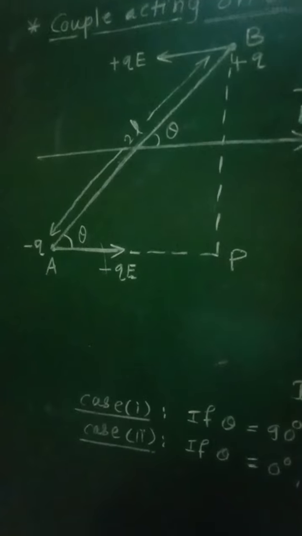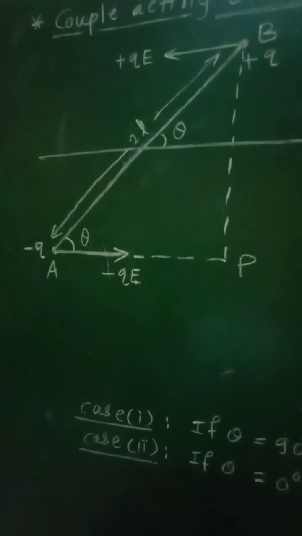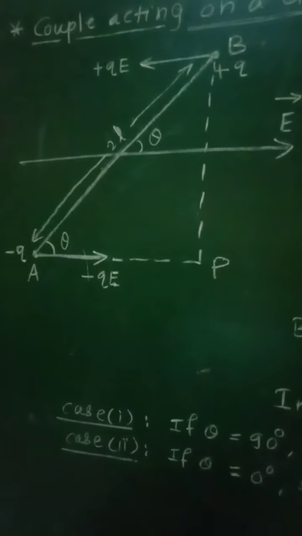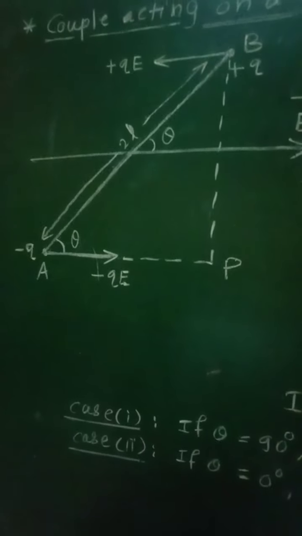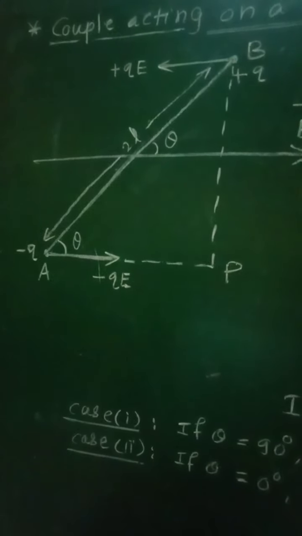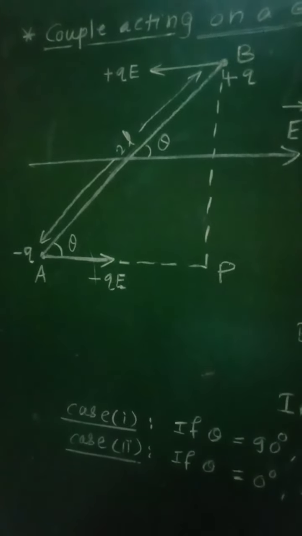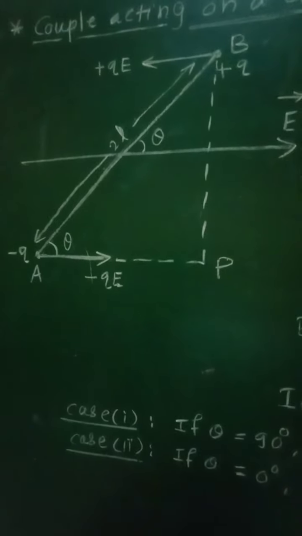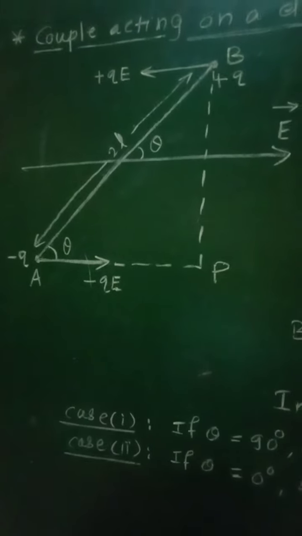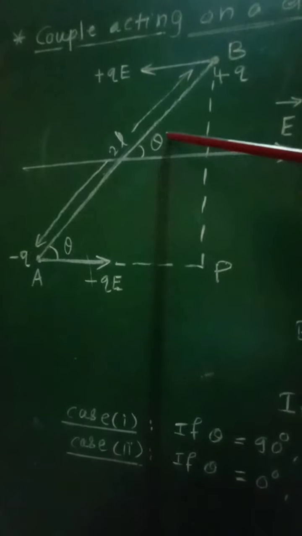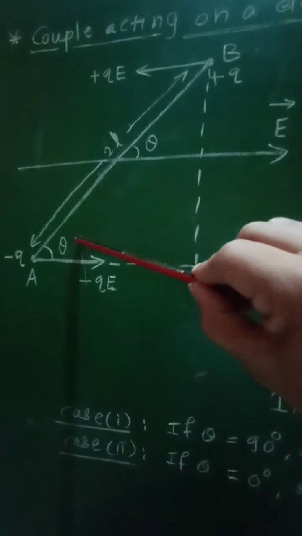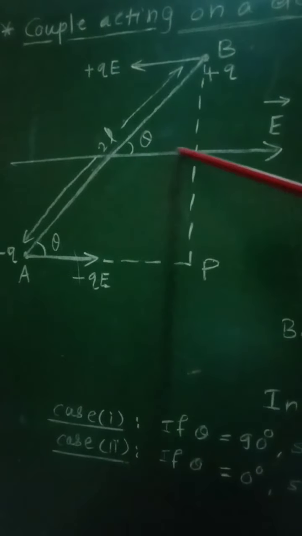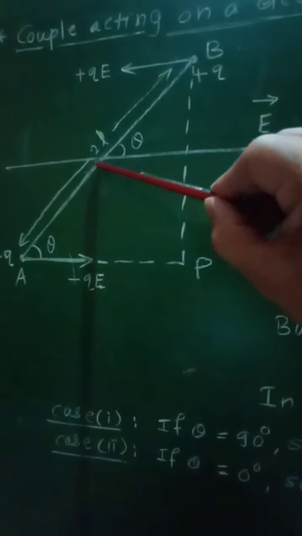In this way, two equal and opposite forces, minus qE and plus qE, are acting at points A and B of the electric dipole, and therefore they will give rise to a couple or torque. If this angle is theta, this will again be theta, because this is the angle between the electric field and the dipole axis.